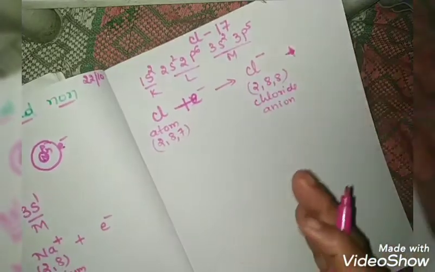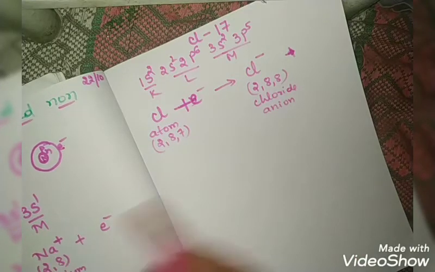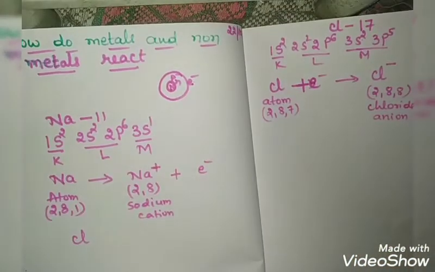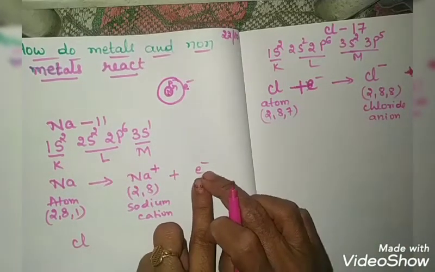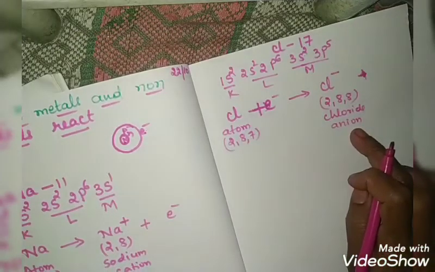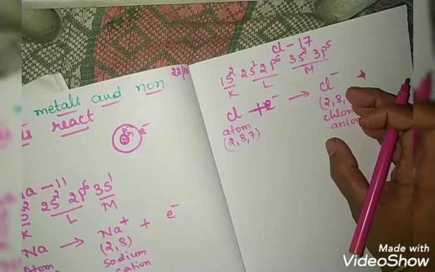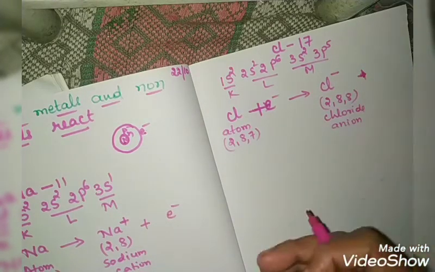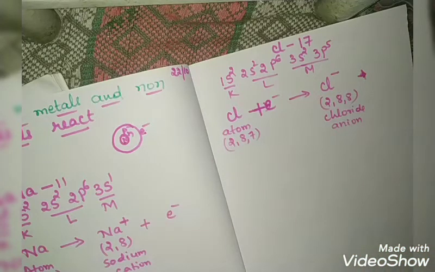Now how do they react? Here in this structure, sodium has lost 1 electron, and that electron is received by chlorine and it becomes chloride ion. As sodium ion and chloride ions are oppositely charged ions, there will be an electrostatic force of attraction between positively and negatively charged ions, and they form a crystal.